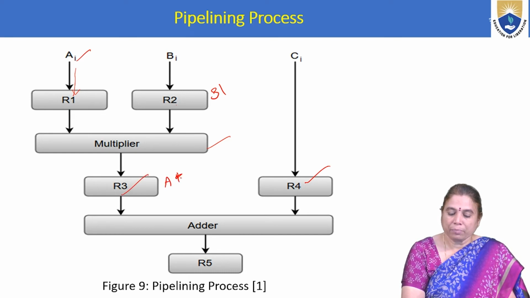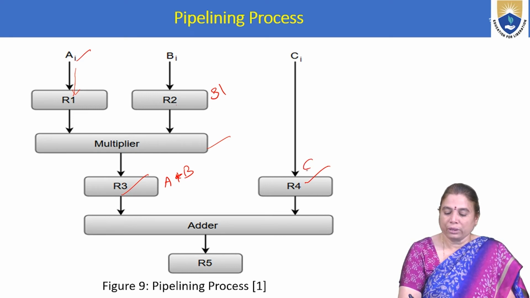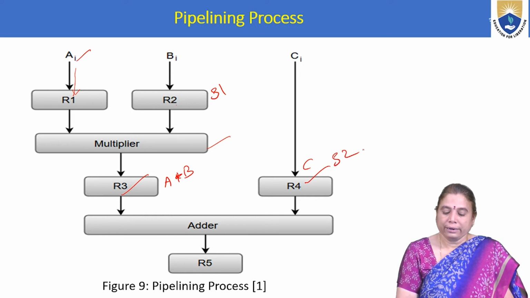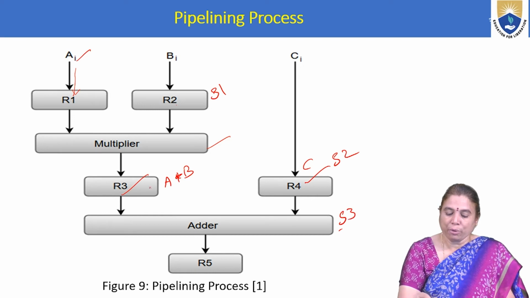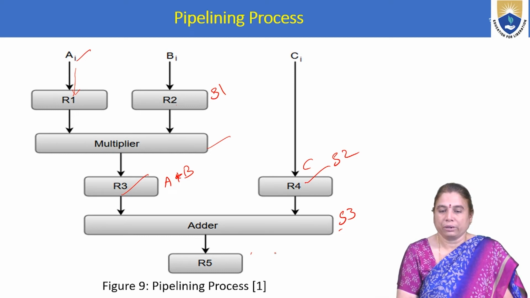Here A multiplied by B can be stored in R3 and C is stored in R4. So this is segment 2. And at segment 3, this multiplied value and the C input can be added and stored in the register R5. This is the addition operation, that is the segment 3 operation. So the computational task of A into B plus C can be divided into 3 segments.